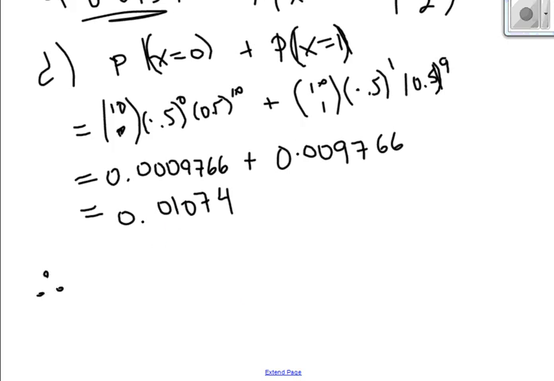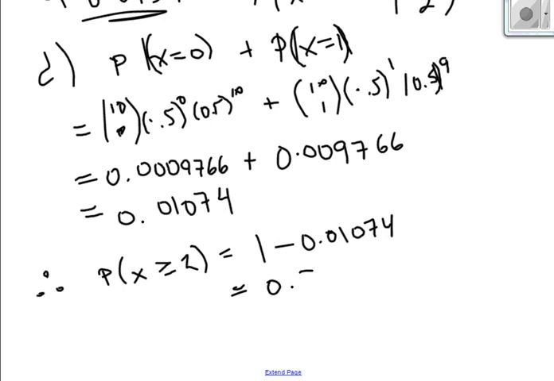And therefore, the probability of getting greater than or equal to 2 is 1 minus 0.01074, which is 0.8926, or 89.26%.